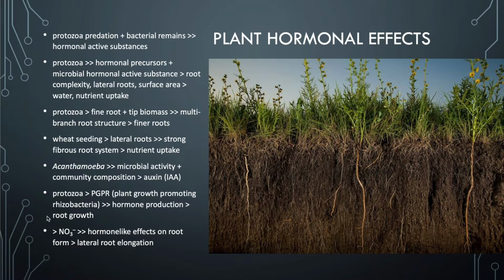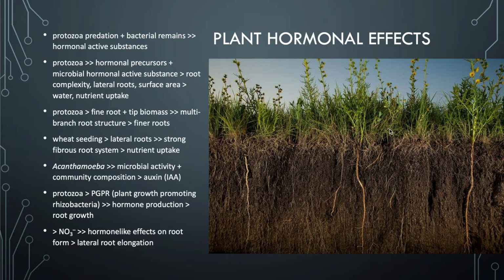Also, when protozoa feed on bacteria, they increase nitrate presence in the soil, and this has hormone-like effects on the form and the shape that the roots take on, also increasing lateral root elongation. So we can see how the presence of these particularly bacterial predators leads to hormonal effects on plants.